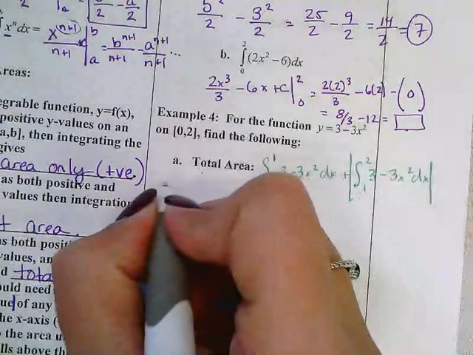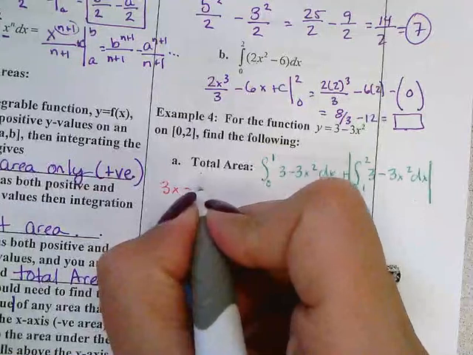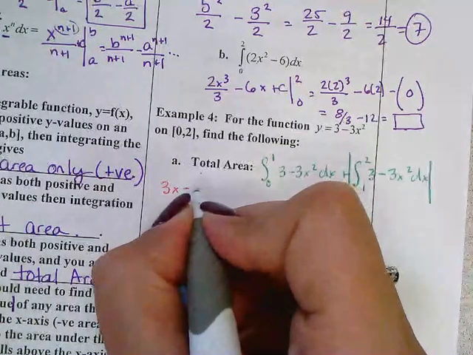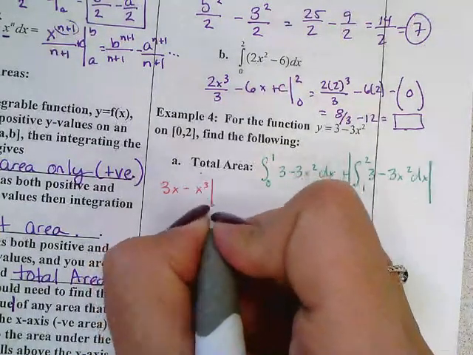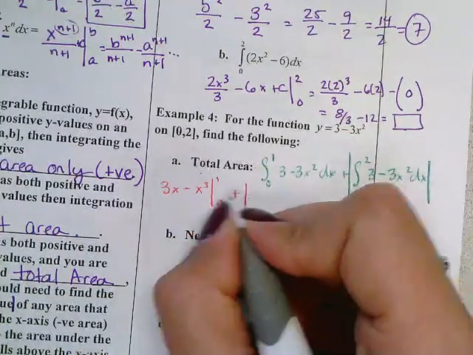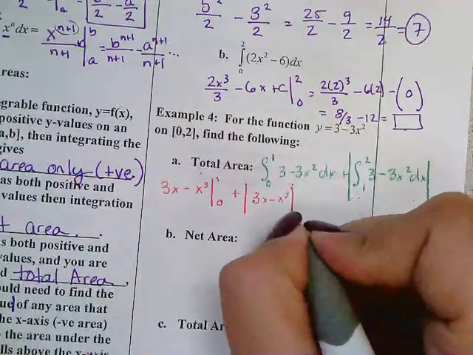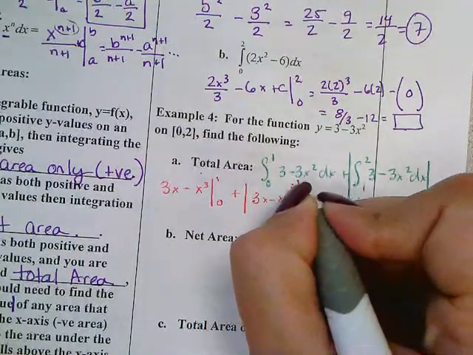So evaluate this, which means find the integral. So this becomes 3x minus 3x cubed over 3, which is the same thing as x cubed, from 1 to 0, plus the absolute value of the same function, so 3x minus x cubed, from 2 to 1.